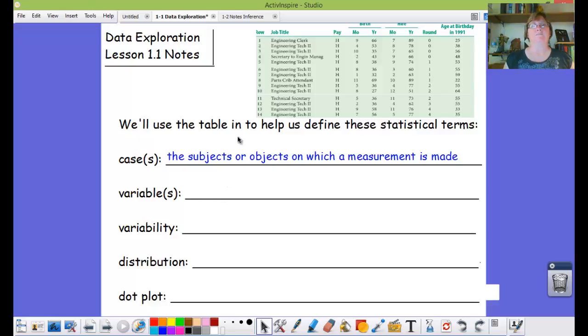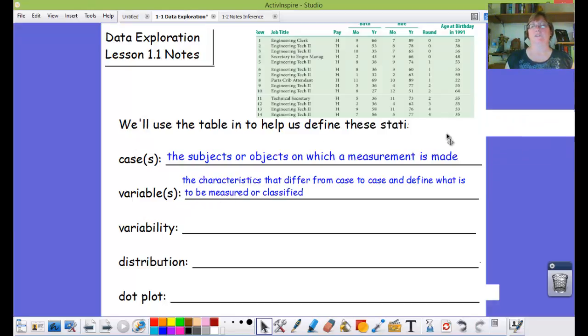A case in this particular story is a line, that's one person. Variables are information about the cases, so characteristics. Each column is a characteristic. So the variables in this case are the columns, like their job title or the month that they were born.